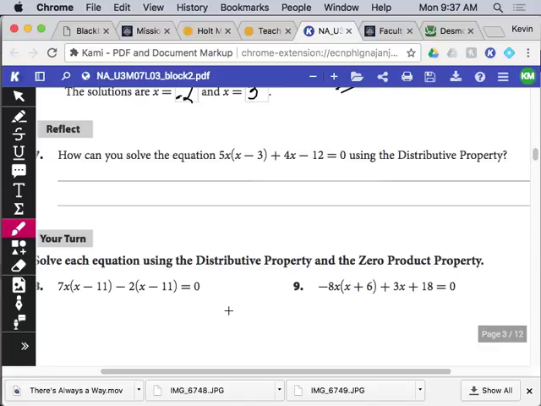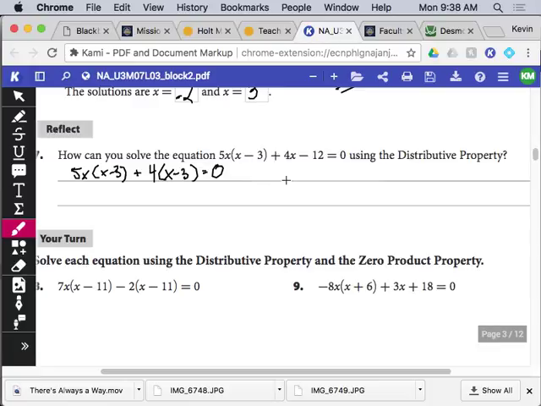Any ideas? What can I do with this? Pull out a 4. Very good. If I pull out a 4, I end up with 5x times x minus 3 plus 4 times x minus 3 equals 0.